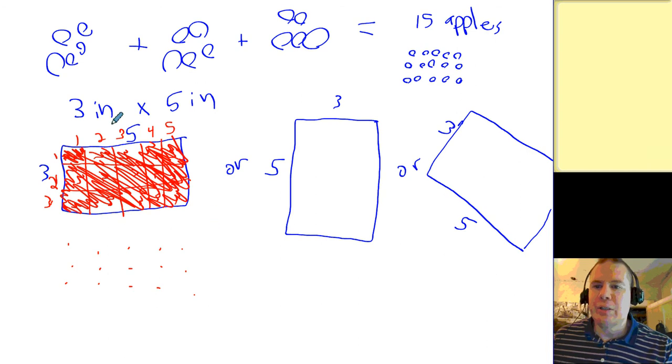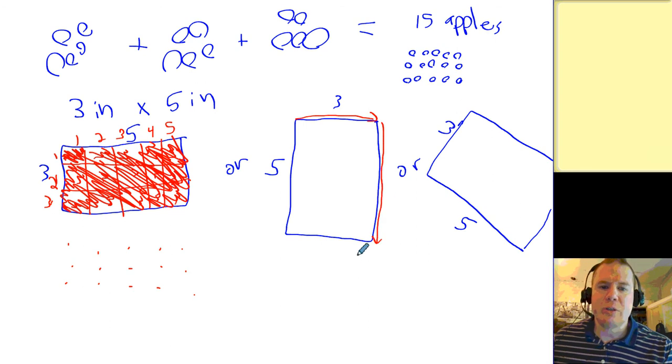And area is a fundamentally different unit than length. I'm not counting inches going along this direction, then going along this direction, then going along this direction, then going along this direction. That's perimeter.